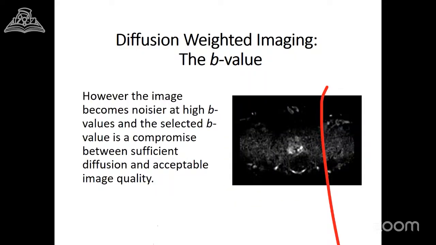At higher b-values, although the sensitivity to restricted diffusion improves, the image becomes increasingly noisy and less clear. Therefore, the selected b-value is a balance between achieving good diffusion weighting and maintaining acceptable imaging quality for accurate interpretation.